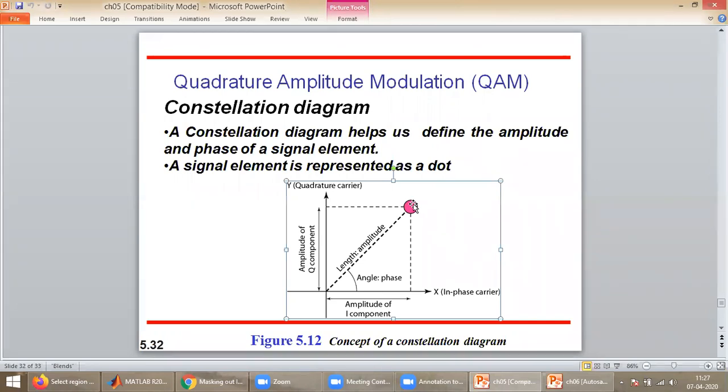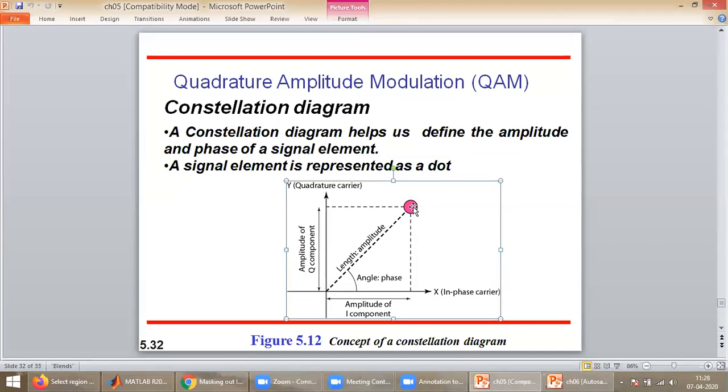Here the frequency is constant. The angle between the x-axis and this point indicates the phase value for this signal element, the in-phase carrier signal. So this is the phase value for the signal element.